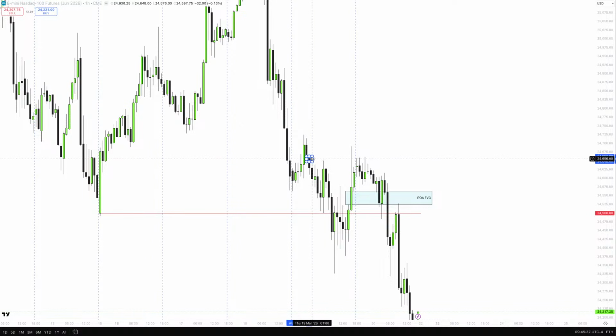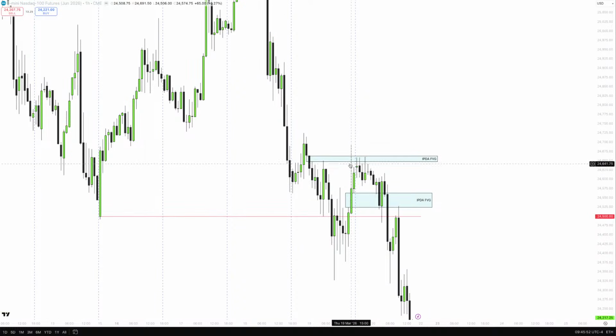So that would be an IPTA FVG. And this is where we get resistance. You always have to look at the bodies and the wicks, and you see that we closed all of the bodies below that IPTA FVG, and we only wicked into it or even a little bit above it.